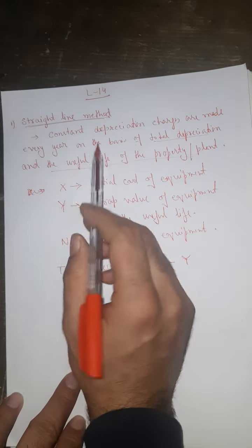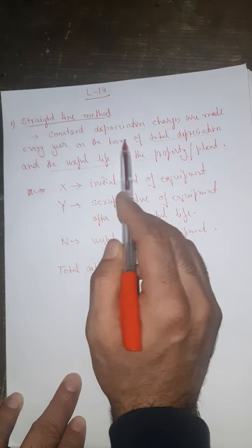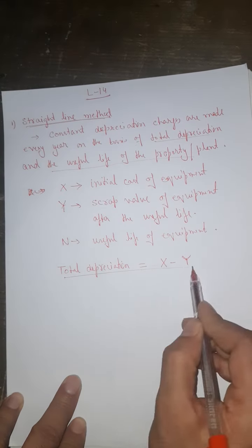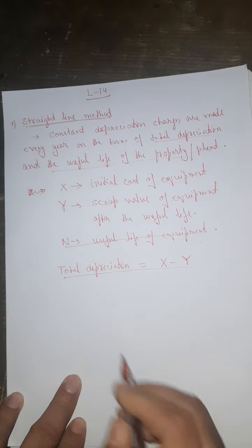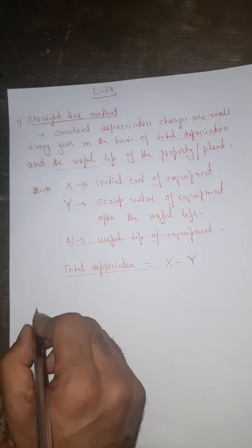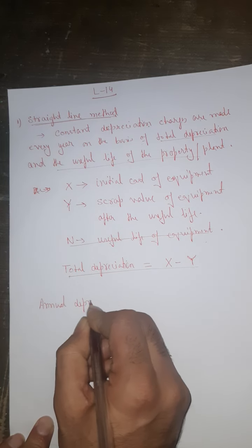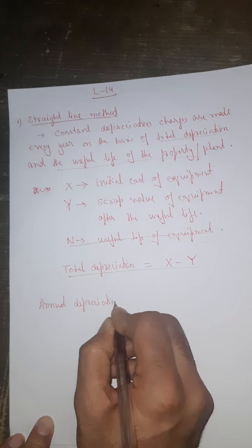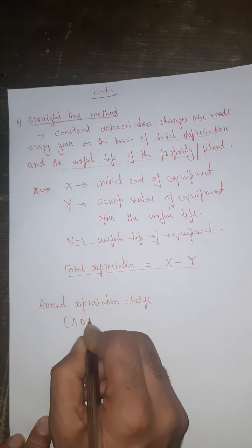So what is the straight line method? It says that constant depreciation charges are made every year on the basis of total depreciation and the useful life of the plant. How will you calculate annual depreciation, that is, what are the depreciation charges each year? I will write it as annual depreciation charge, in short ADC.